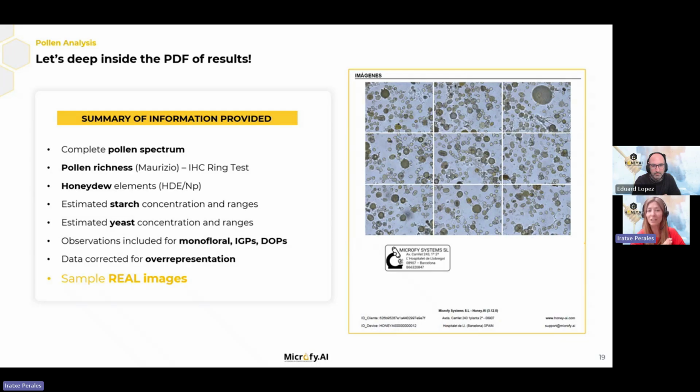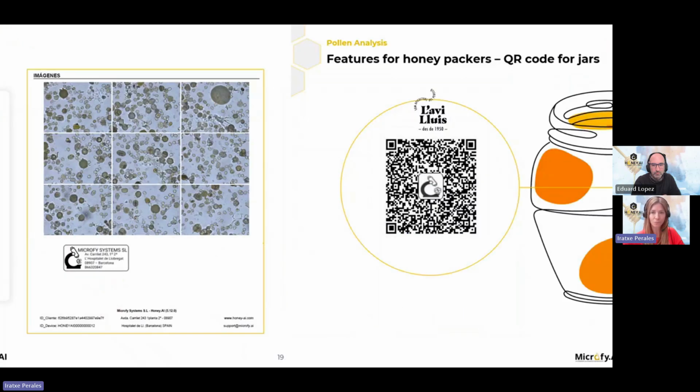I mean, if we say that there is a lot of starch, a lot of yeast, a lot of honeydew, that the pollen richness was low, was high, in case that you want to label your honey as rosmarinos, but our system says that there's no rosmarinos, go and check. You see here real images. So I think that this is a very good point that we provide the user that external laboratories don't do.